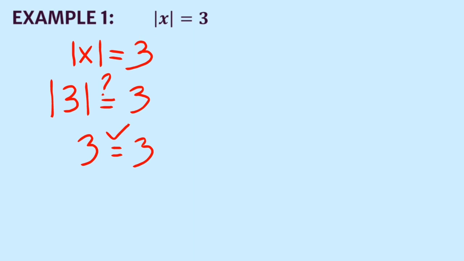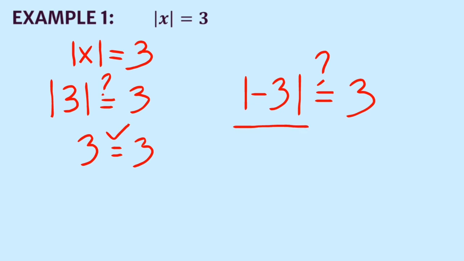Okay, let's try negative 3. Let's check if this will also equal. Okay, negative 3. What is the absolute value for negative 3? It is 3. Equal or not? It is equal.